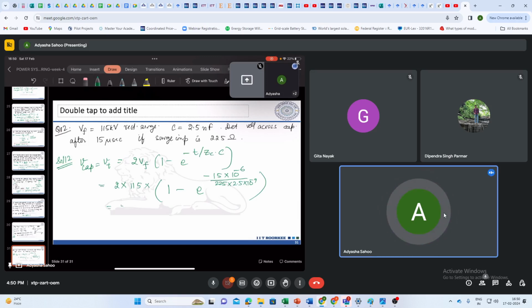This is coming out to be about 230 kV. So this is the transmitted voltage.